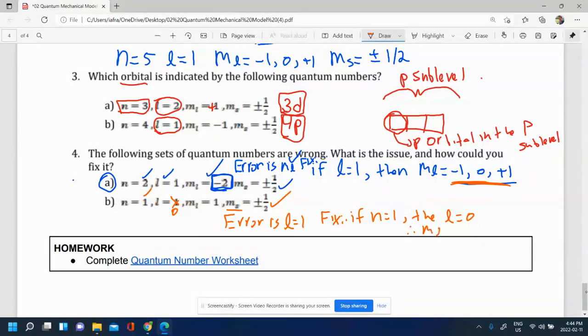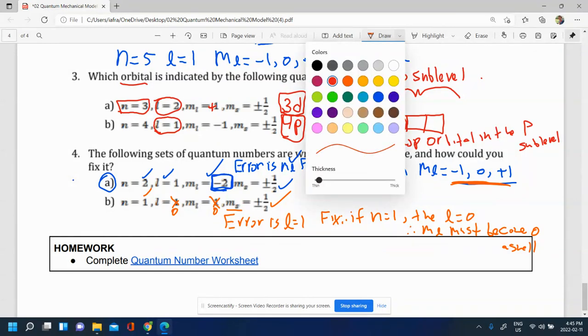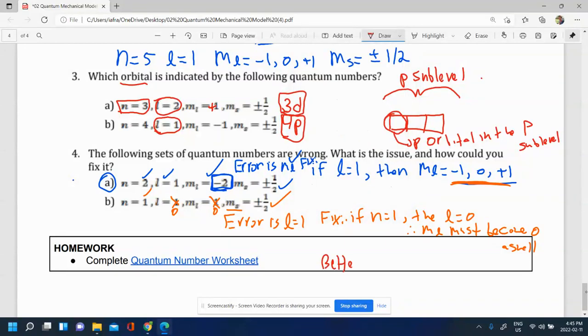Therefore, ML must become 0 as well, right? Because it's no longer in the range. So if I did that fix, this needs to become 0 as well. Okay? An easier fix, if I had taken some time to look at this carefully, would have simply been, so a better fix, I would have still accepted this if you did both those changes. That would have been fine.